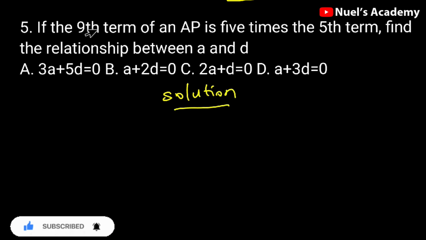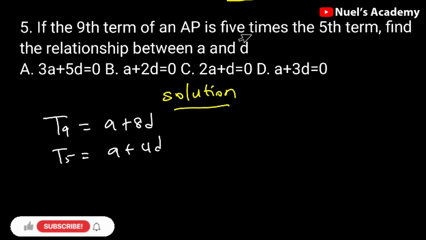If the 9th term of an AP is 5 times the 5th term, first of all, the 9th term of an AP is given by a plus 8d. And then the 5th term is given by a plus 4d.